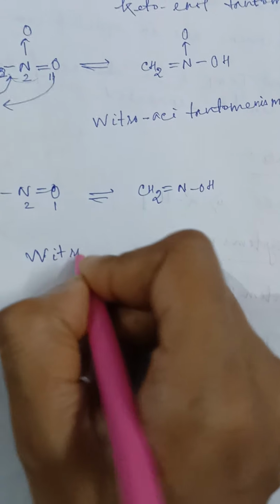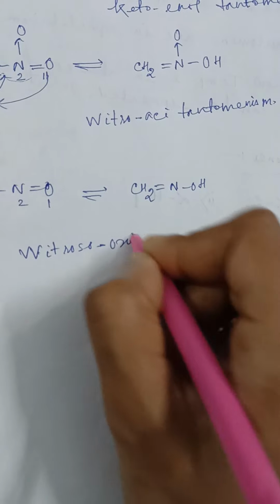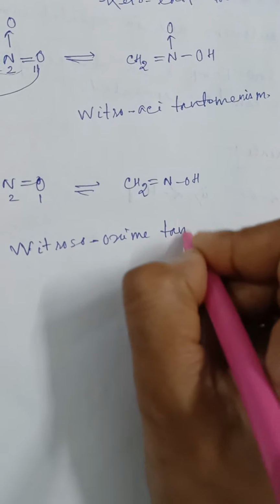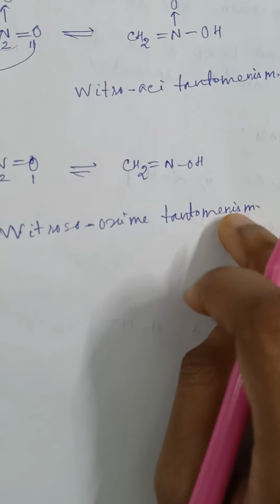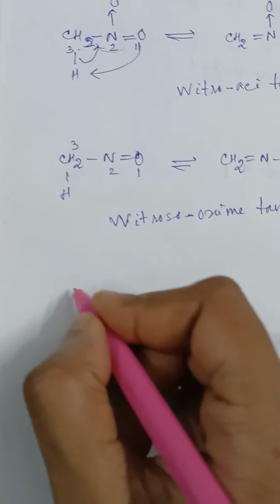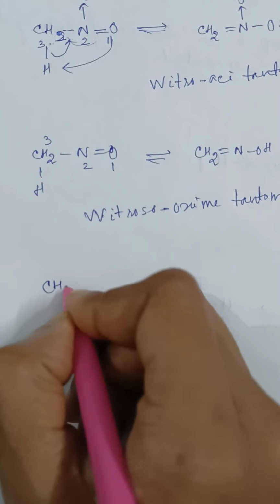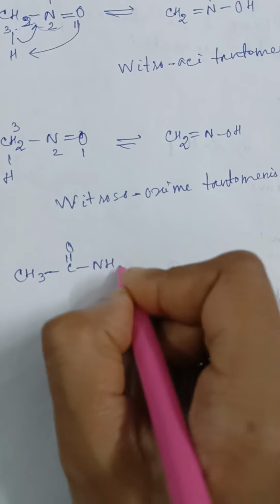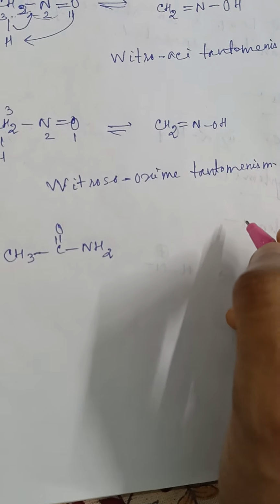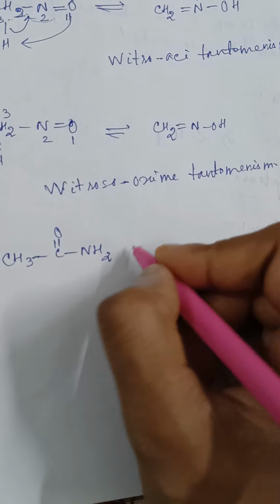So nitroso, oxime tautomerism. Okay, this is another type of tautomerism. And another could be, suppose amide, CH3CONH2. Okay, the same thing will also happen here.